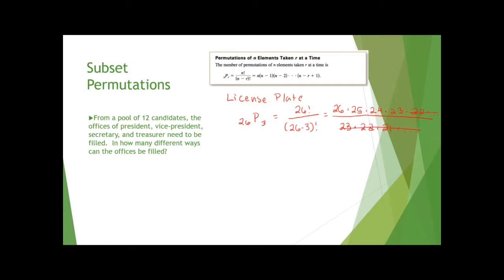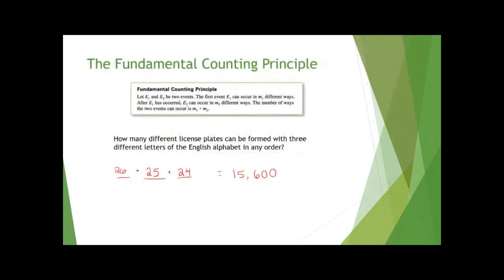So you can cancel out the common factors here. 23 on the top, 23 on the bottom, 22 on the top, 22 on the bottom. And so you're left with 26 times 25 times 24, which is what we did on that slide here. So that was a permutation where we're looking specifically at 3 choices.